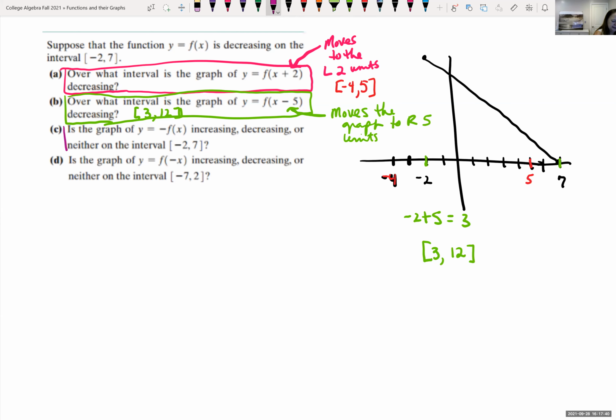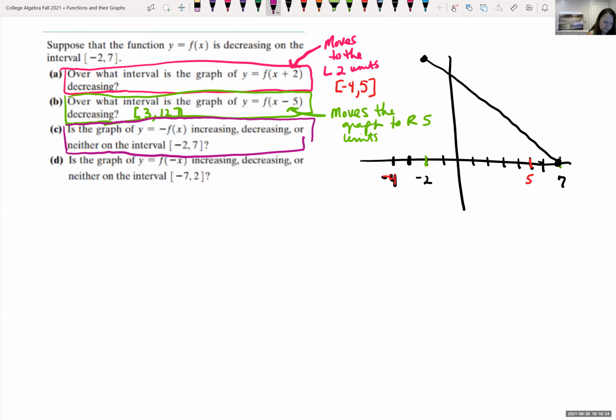Part C says, is the graph y equals -f of x increasing or decreasing, or neither, on the interval -2 to 7? Okay, well, let's see what's happening. That negative in front of the f of x is changing my y value. So if we change our y value, that tells me I'm having a reflection across the x-axis. If I reflect what I have here across the x-axis, that would give me something that looked like this.